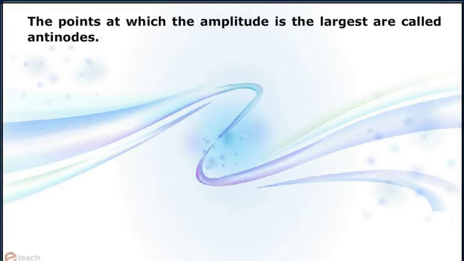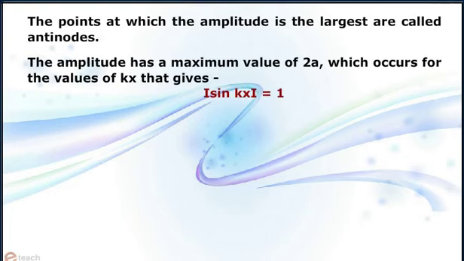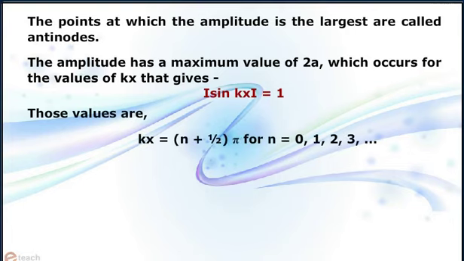The points at which the amplitude is the largest are called antinodes. The amplitude has a maximum value of 2a which occurs for the values of kx that give modulus of sin kx equals 1. Those values are kx equals (n plus half) pi for n equals 0, 1, 2, 3 and so on.